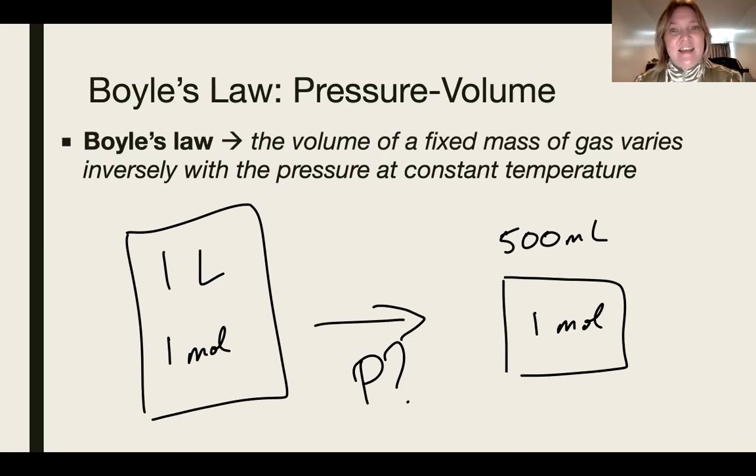So Boyle's law states that the volume of a fixed mass of gas varies inversely with the pressure at constant temperature. For now, there are 3 variables that we're going to be comparing: pressure, volume, and temperature. If we're comparing volume and pressure, that means temperature is being held constant.